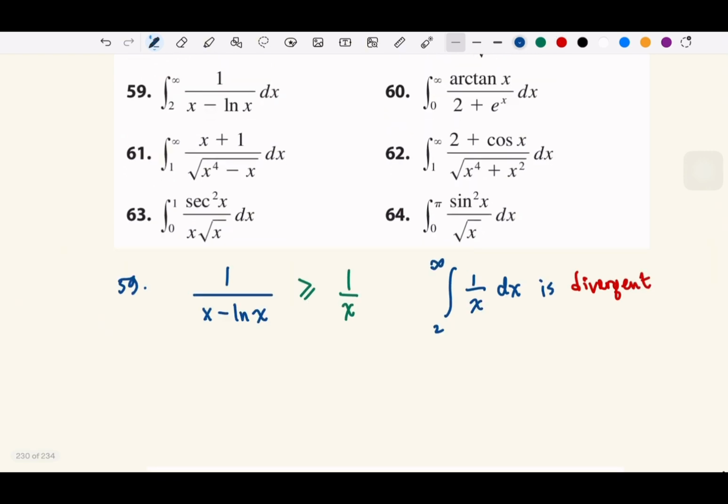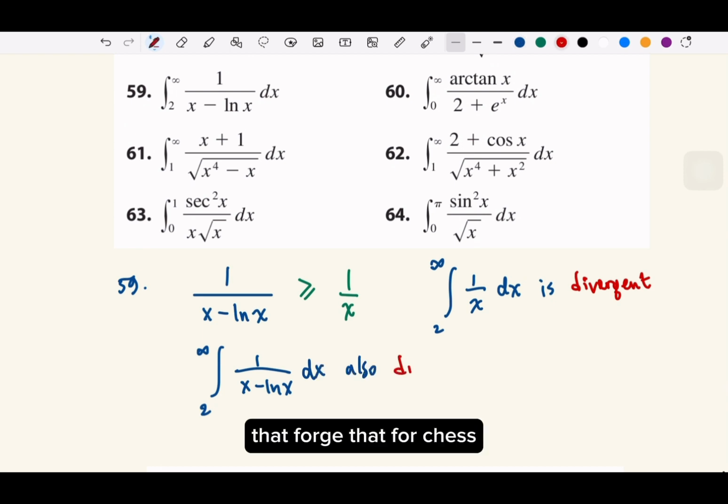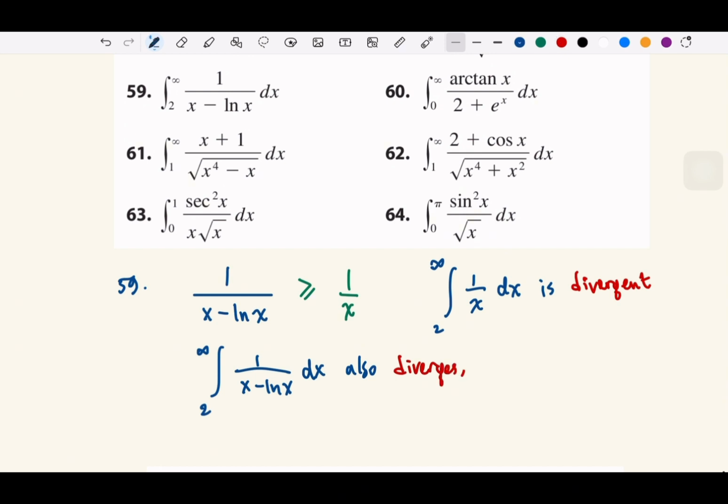And then the question is also diverges by the comparison theorem. Okay, you can try the other one.